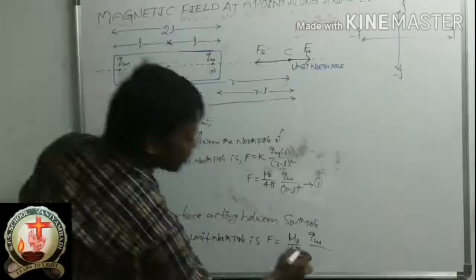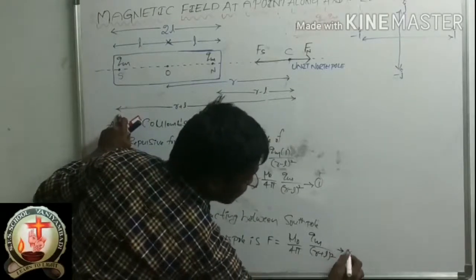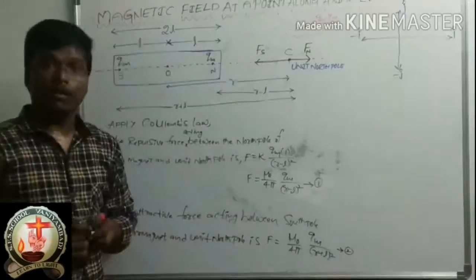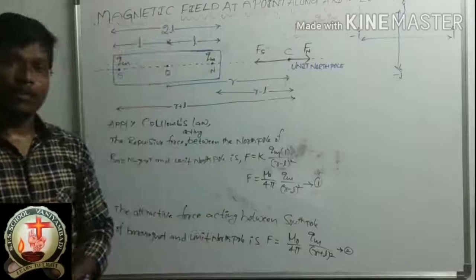R plus l. So here r plus l whole square, give equation number 2. Okay, this is the equation number 1 and this is the equation number 2.